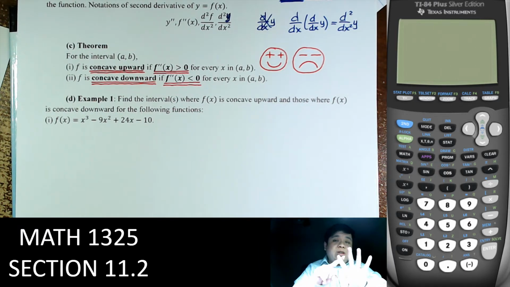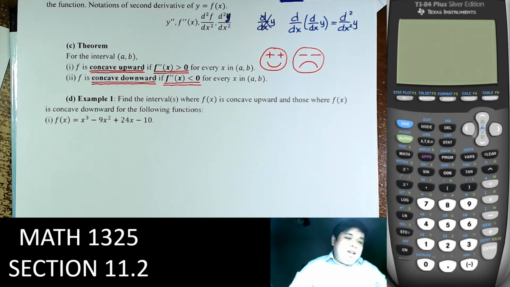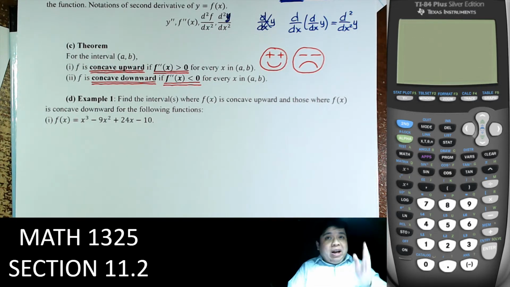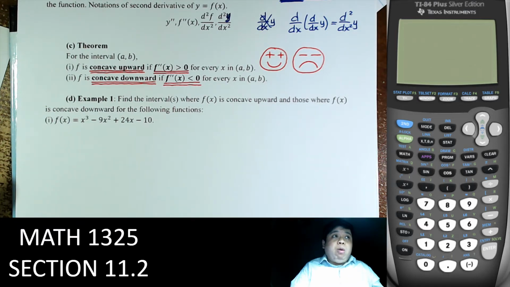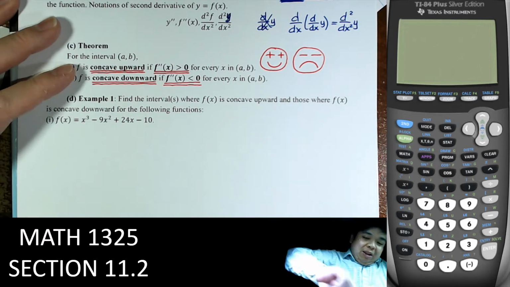We need to take care of when it is equal to 0, when it is undefined, then positive or negative. So we find the second derivative, make it equal to 0, or does not exist. We don't call those the critical values. If we call them anything, we can call them partition numbers for the second derivative.